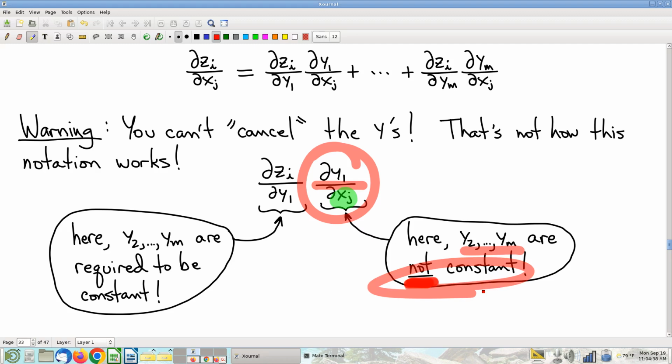They can't be. Their inputs are changing. But now if you come over here and ask, well, what's going on in this story? This is a totally different story. In this story, we're taking a partial with respect to y1, which means that all the other y's are required to be constant. These are very different stories.